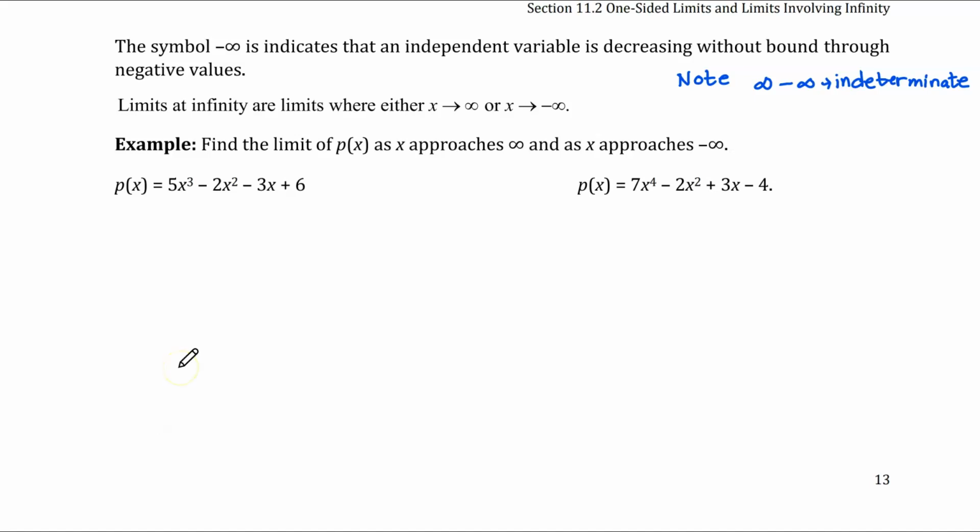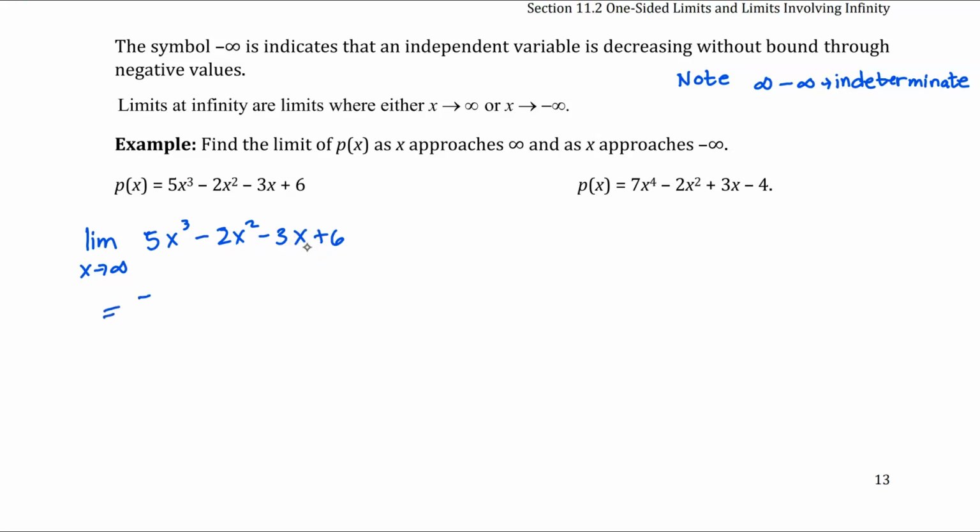To illustrate that, let's take a look at this first polynomial expression and evaluate the limit as x approaches positive infinity. To evaluate the limit, we just need to plug in infinity for x and use the results from the theorem that we just discussed.